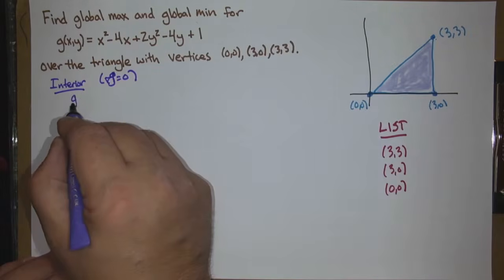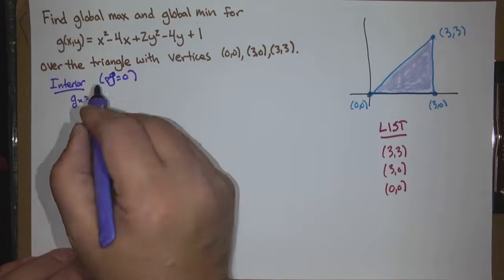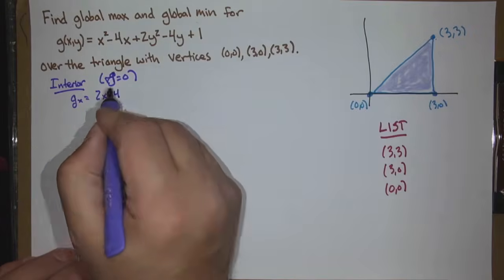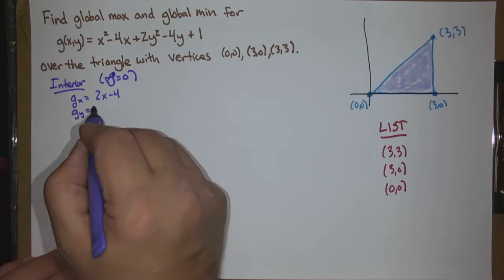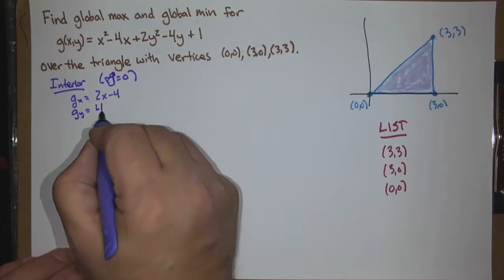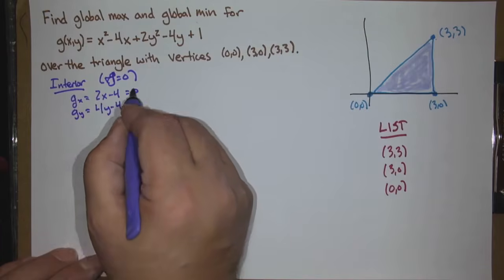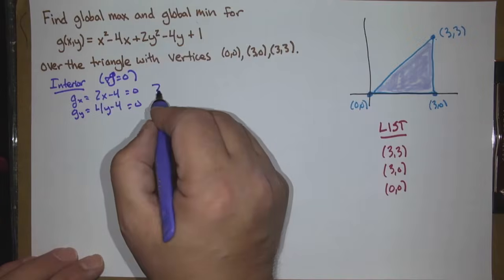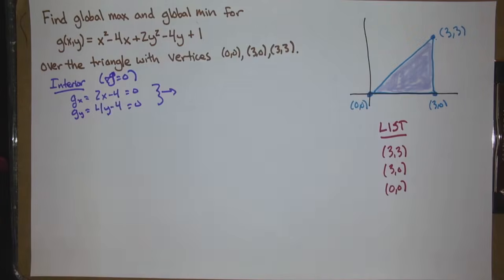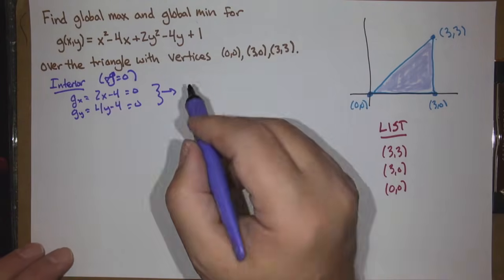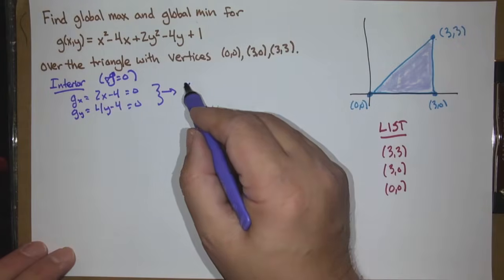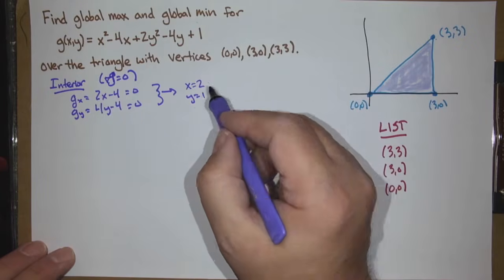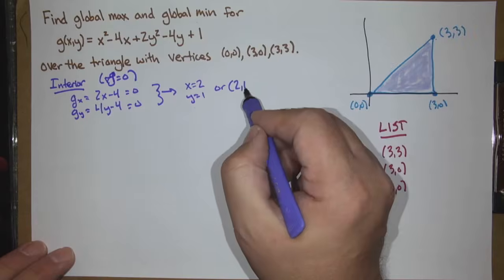Well, g sub x is 2x minus 4, and g sub y is 4y minus 4. Set these equal to 0. Do we see a point that satisfies the equations 2x minus 4 equals 0 and 4y minus 4 equals 0? Yeah, so this becomes x equals 2 and y equals 1, or 2, 1.